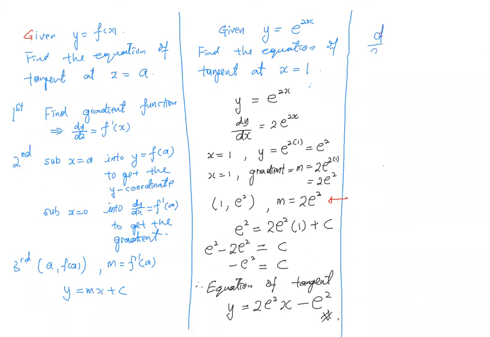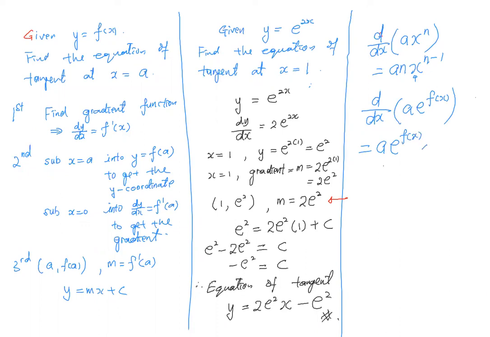If this type, then yes. This type is bring down the power, multiply by the power, power take away 1. You see, this is x. If this type, then no need. You need to copy down the whole thing.